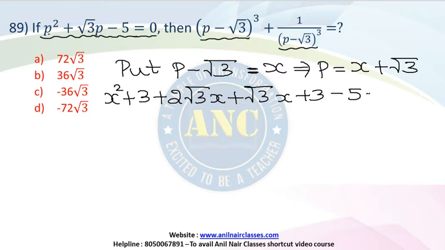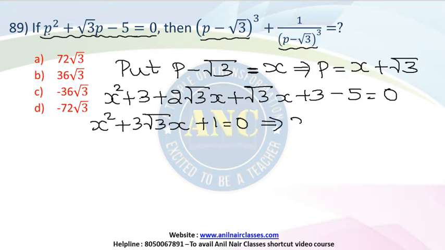That minus 5 equal to 0, I will write it as it is. So it is x square plus 2 root 3x plus root 3x. It is 3 root 3x, and then 3 plus 3 is 6, 6 minus 5 is 1, plus 1 equal to 0. From here I can easily get x plus 1 by x value as minus 3 root 3.